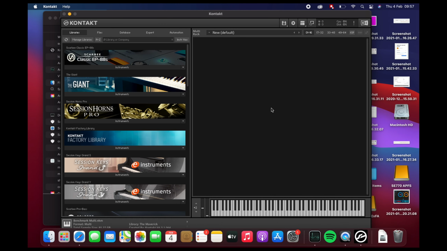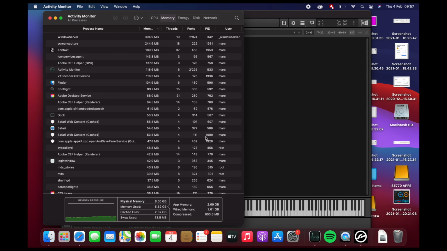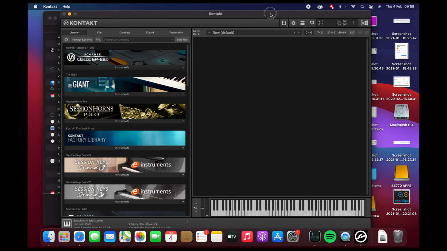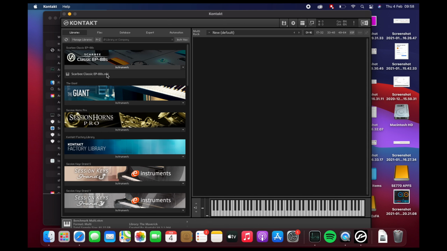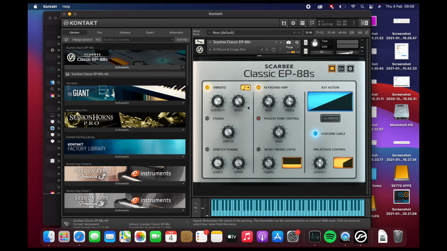Here we have it started with empty, so no instrument, and we see that we have a little bit more memory used, but basically nothing really heavy. So for the moment, let's load one instrument and see, for example, the Scorby, how this affects.